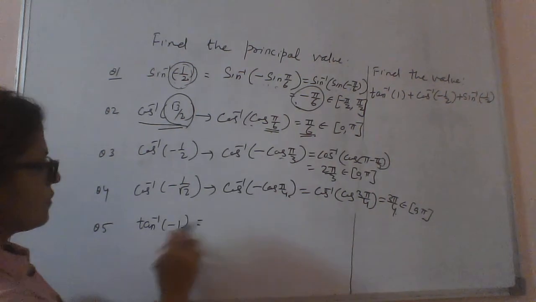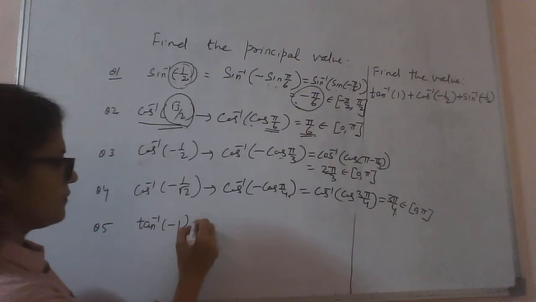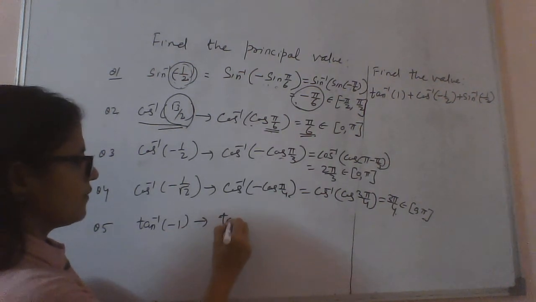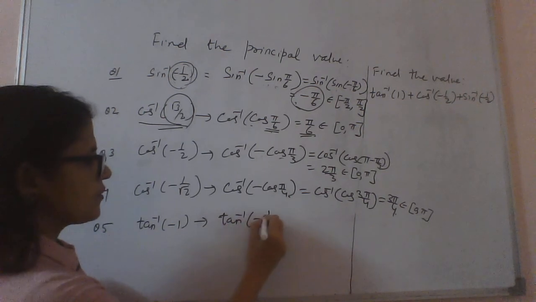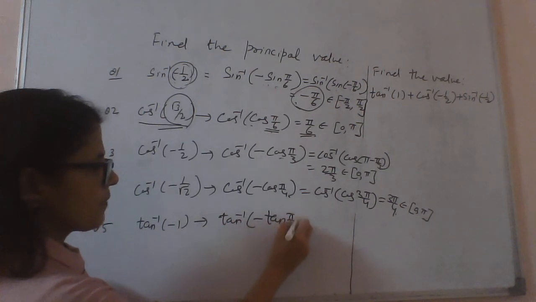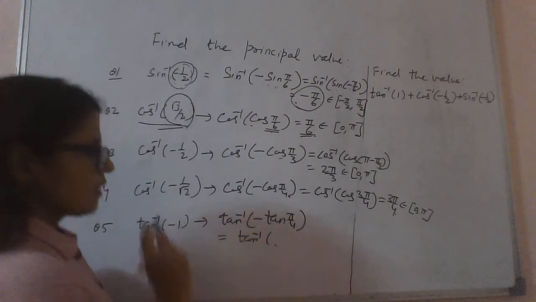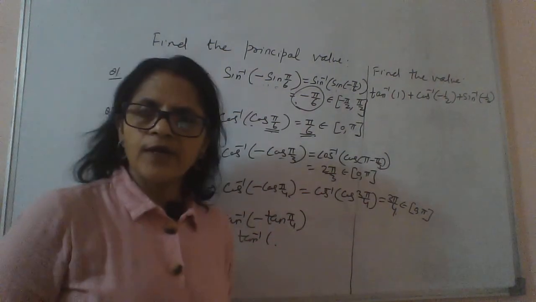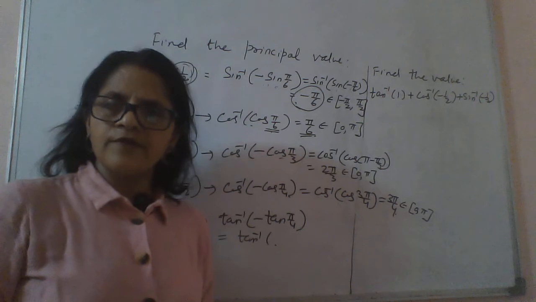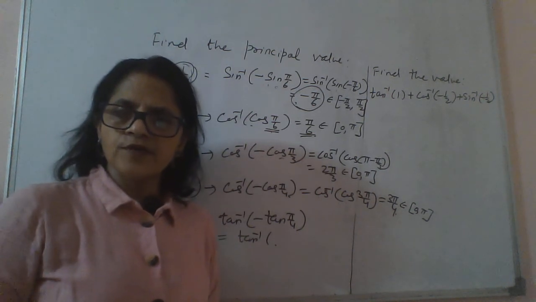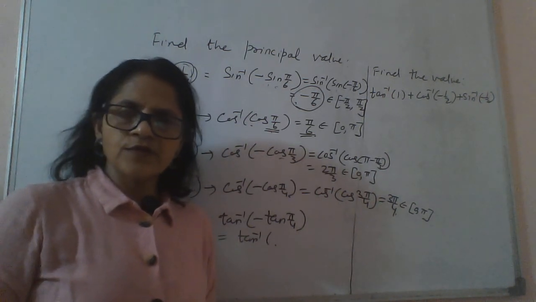Tan inverse minus 1. We need tan theta here. So tan inverse of minus tan pi by 4. Tan inverse of minus tan theta equals tan minus theta, because of the tan inverse principal value branch. The principal value branch is what?